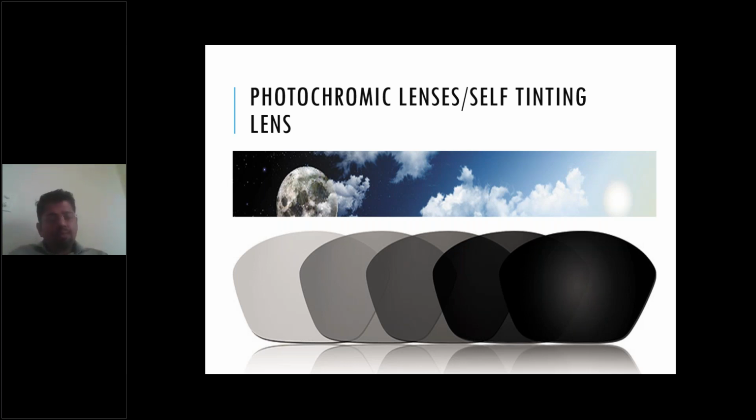Photochromic lenses or photochromatic lenses, or we call them photo gray lenses, or changeable lenses. There are many names for them. The usual photochromatic lenses change their color when exposed to UV light, not necessarily the sunlight.